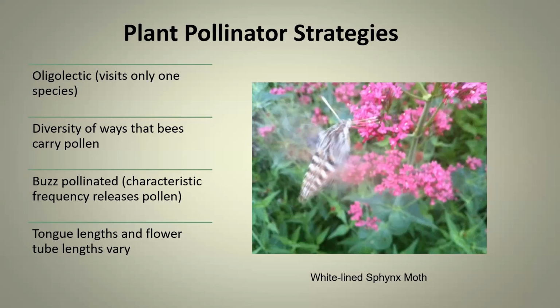The term oligolectic is like oligarchy. It means that an insect pollinator of a certain species will only go to a certain species or genus of flowers. So again, that's the exclusivity that I was just talking about. It keeps the pollen from being wasted.